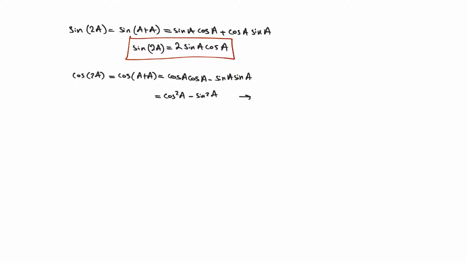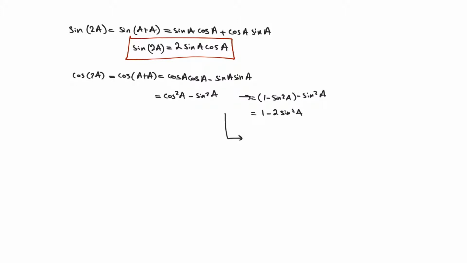Now we can go further and change cosine squared a to 1 minus sine squared a, minus sine squared a, and this gives us 1 minus 2 sine squared a.